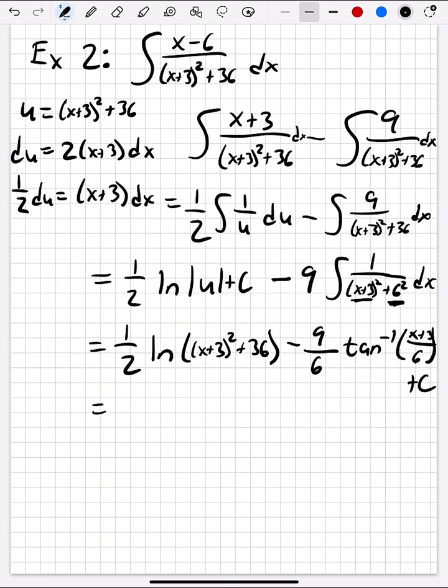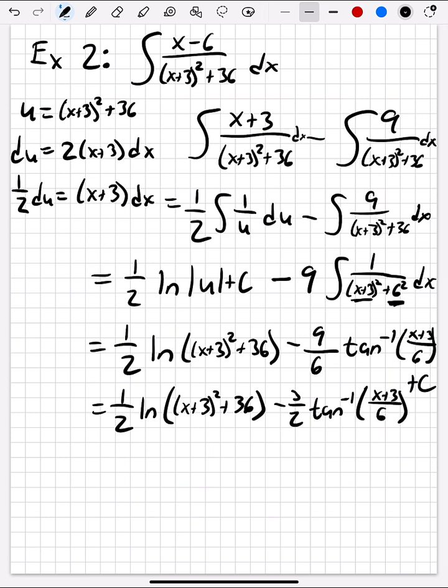So I'm going to clean that up a bit and just say that is 1/2 the natural log of (x plus 3) squared plus 36. And if you wanted to FOIL that out, that's perfectly fine. Minus 9/6 simplifies to minus 3/2 times the inverse tangent of (x plus 3) divided by 6, all plus c. And so there would be your final answer.